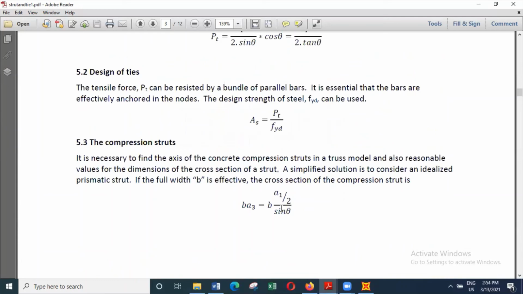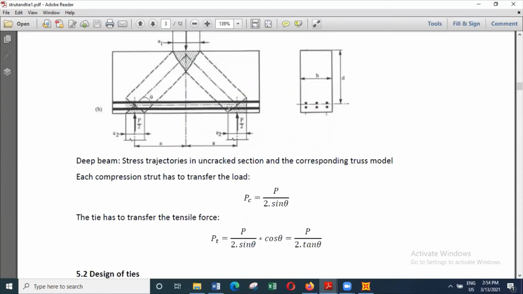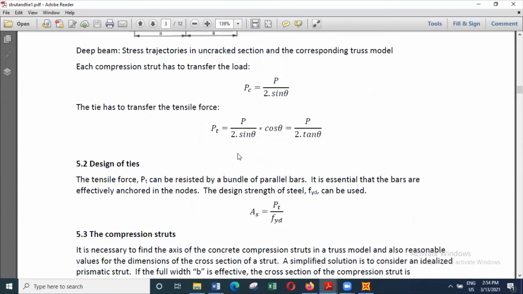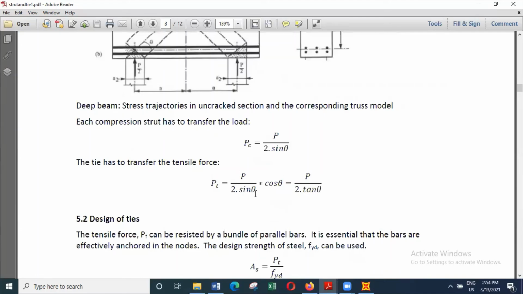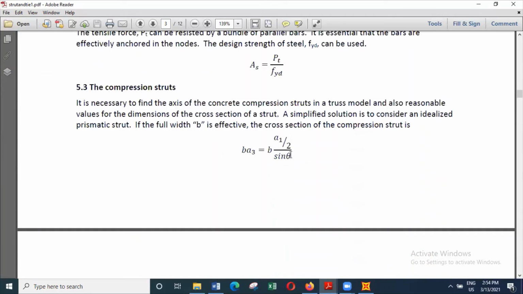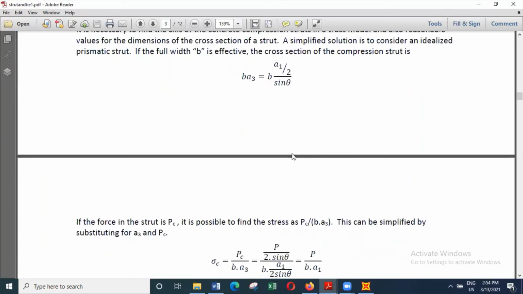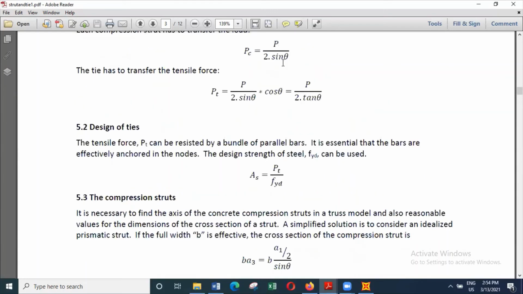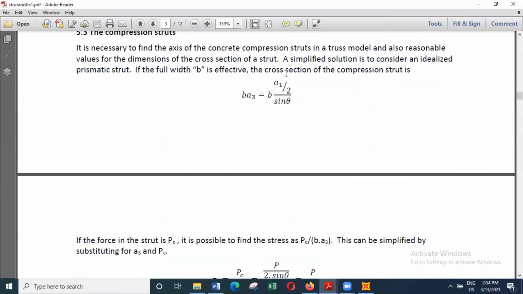So if the force is P3 here, then the value of P3 is equal to P over 2 sine theta.